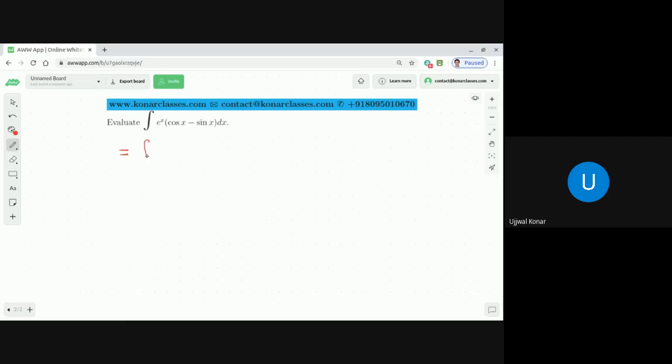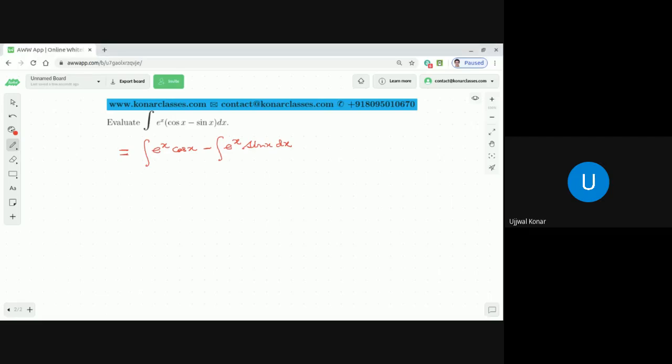So what we can write is e to the power x cos x minus e to the power x sin x dx. Correct? Yeah. So always remember one thing.